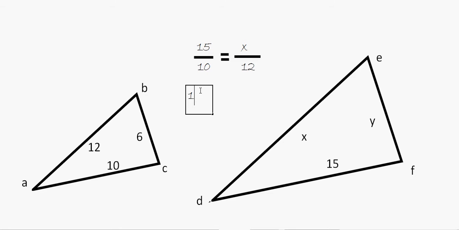So I'm going to go ahead and write that one out. 15 times 12 equals, I'm sorry, 10x. And we divide both sides by 10. We get 15 times 12 divided by 10, or 1.5 times 12. That's actually 18 equals x.